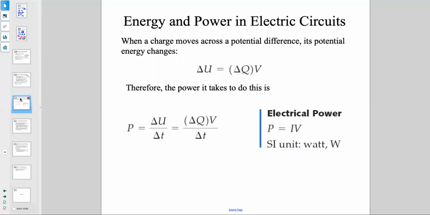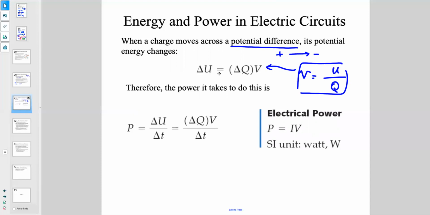When a charge moves across a potential difference, what does this potential difference mean? It's just a battery, from positive to negative. Its potential energy changes, and this is something we have seen before. We saw that V was U over Q. So the change in U equals the change in Q times the voltage, if this voltage is constant.